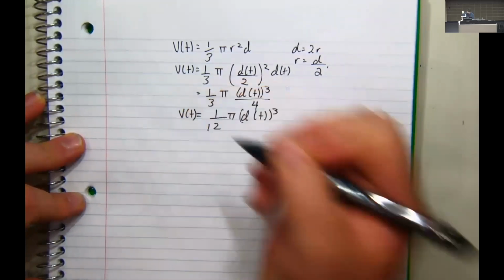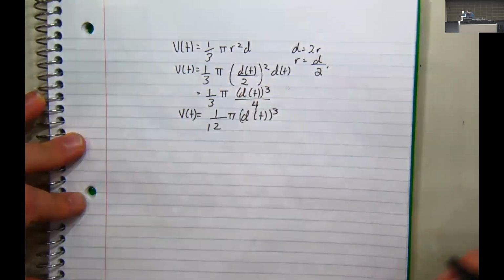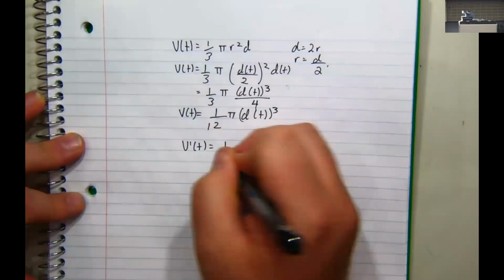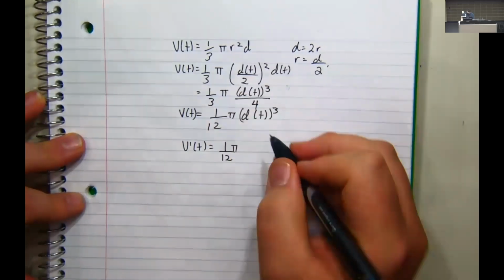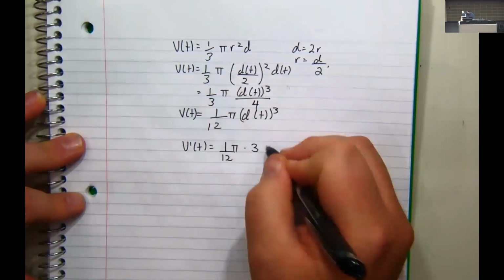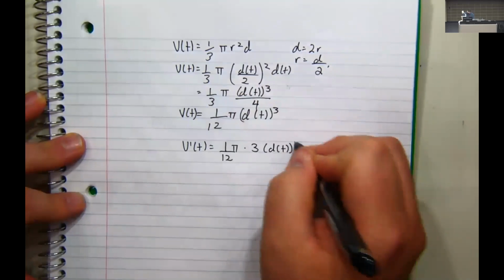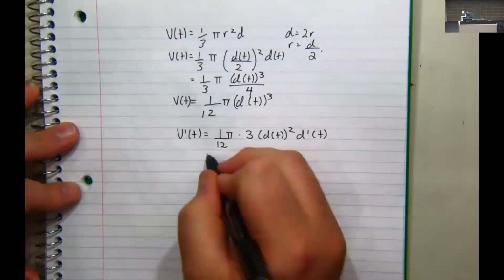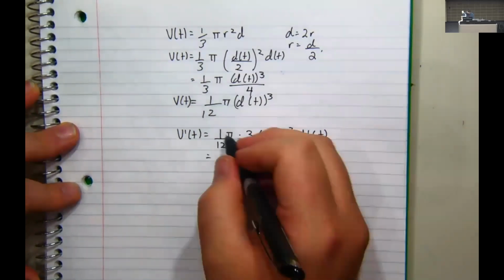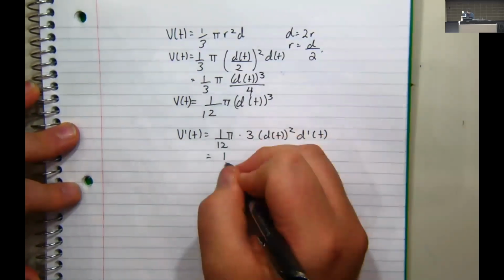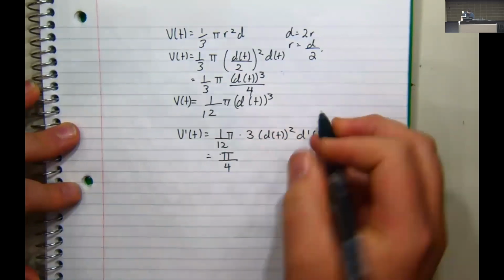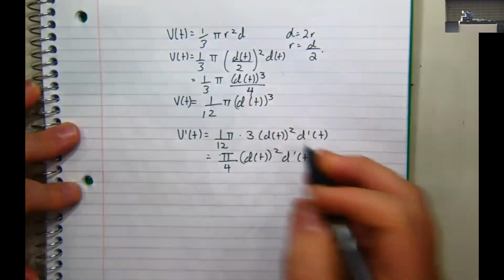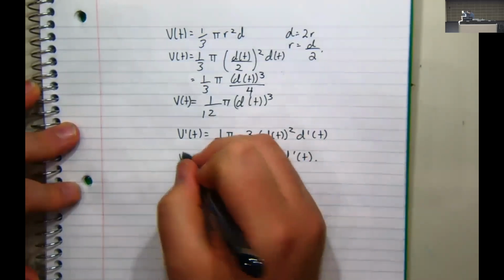And then we take the derivative. V prime at t is equal to, keep the constants around, 1/12 pi times 3 d at t squared times d prime at t. And if we combine this, that would be pi over 4 times d at t squared d prime at t.